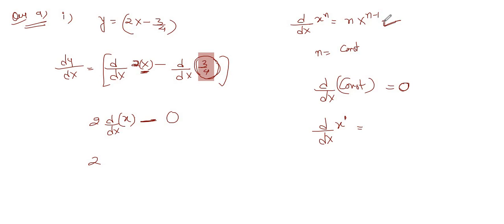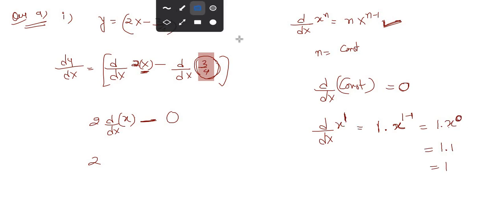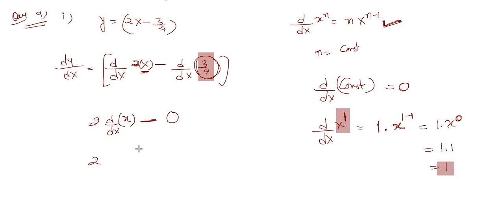By this formula, if I apply it here, it will be 1 into x raised to power 1 minus 1, which is 1 into x^0. And what is power 0? It is 1 only, correct? Anything to the power 0 is 1. So always remember that the derivative of x is always 1. It's a very useful formula. So the answer will be 2.